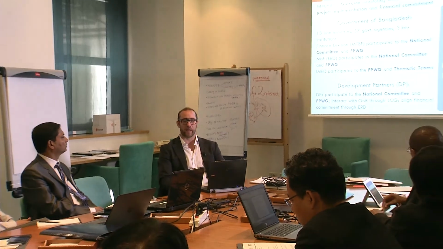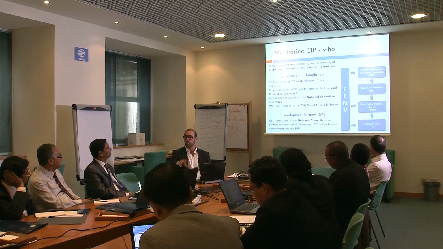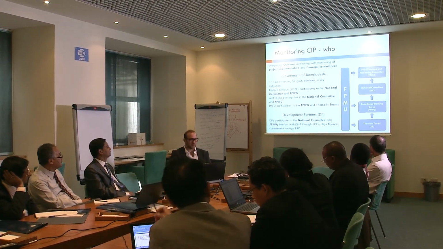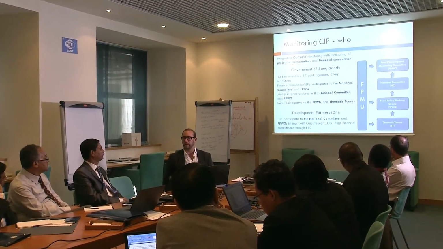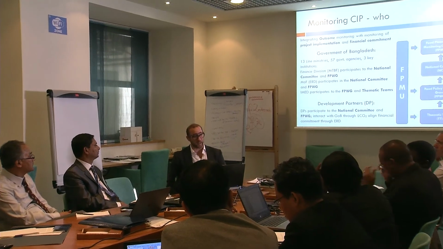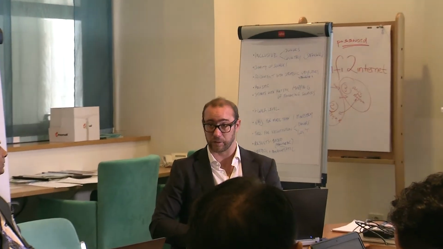At the bottom we have thematic teams. These are multi-ministerial, cross-ministerial officials that work in different areas and that report information on the progress towards the result, that bring in the assembly the results of different indicators.